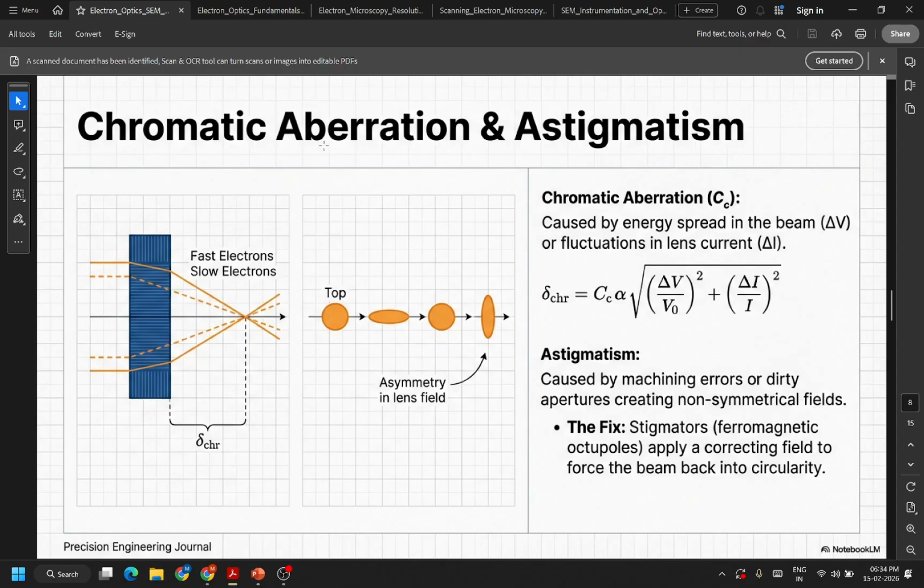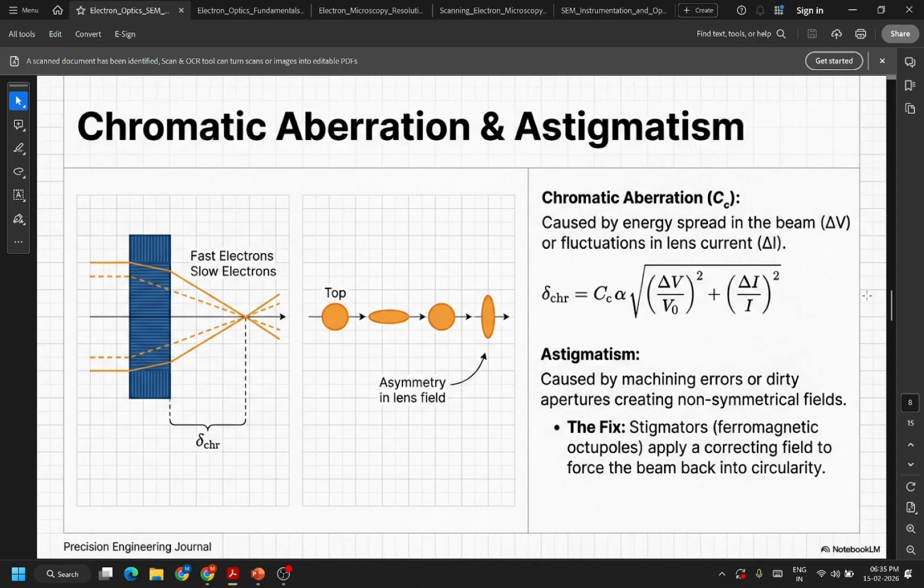So next would be chromatic aberration and astigmatism. Chromatic aberration is caused by energy spread in the beam. In photon optics, the chromatic aberration is caused due to difference in wavelengths. Here, the wavelength of an electron is calculated using the de Broglie principle, which is h by p, which is h by momentum.